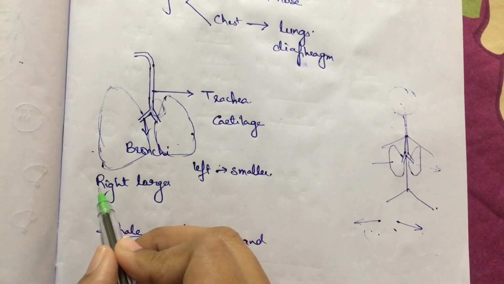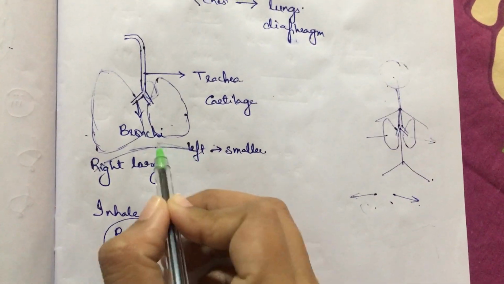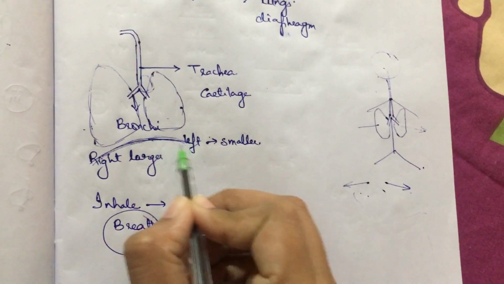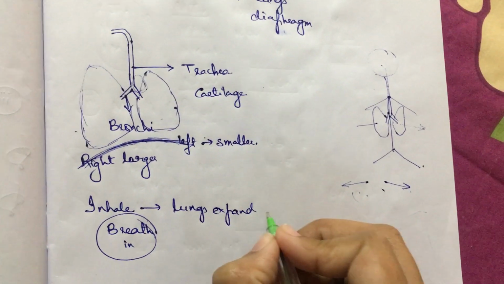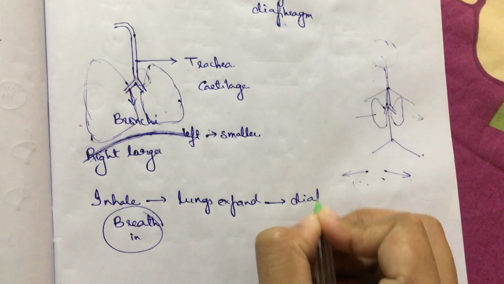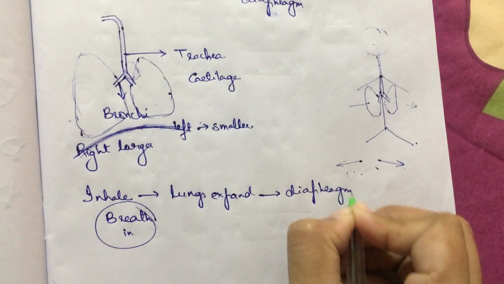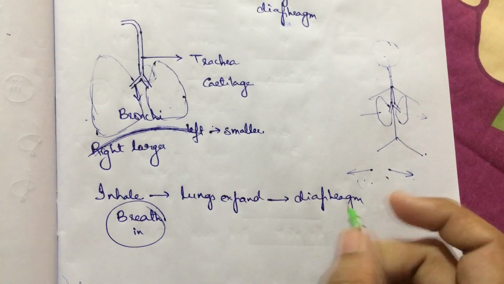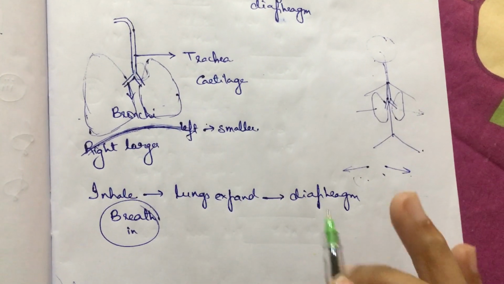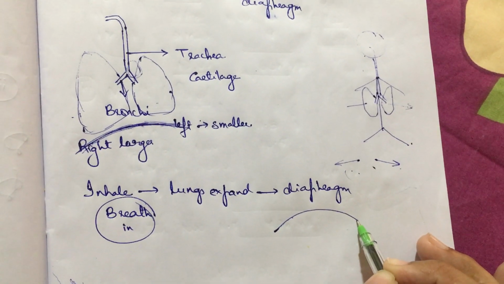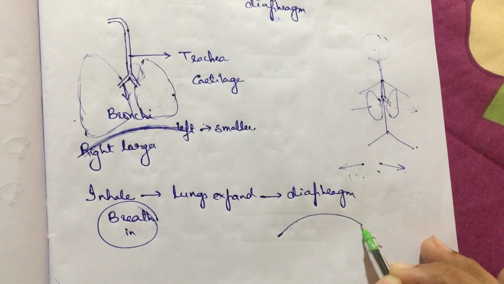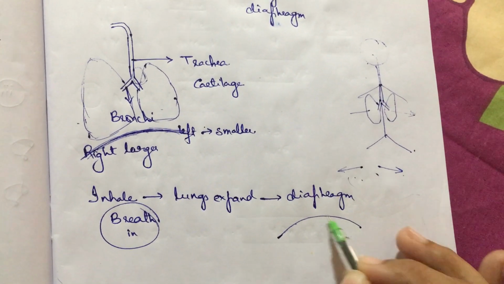There is a certain organ just underneath your lungs, which is called the diaphragm. This diaphragm is going to contract. In a normal or relaxed position, it is going to be in this particular shape.